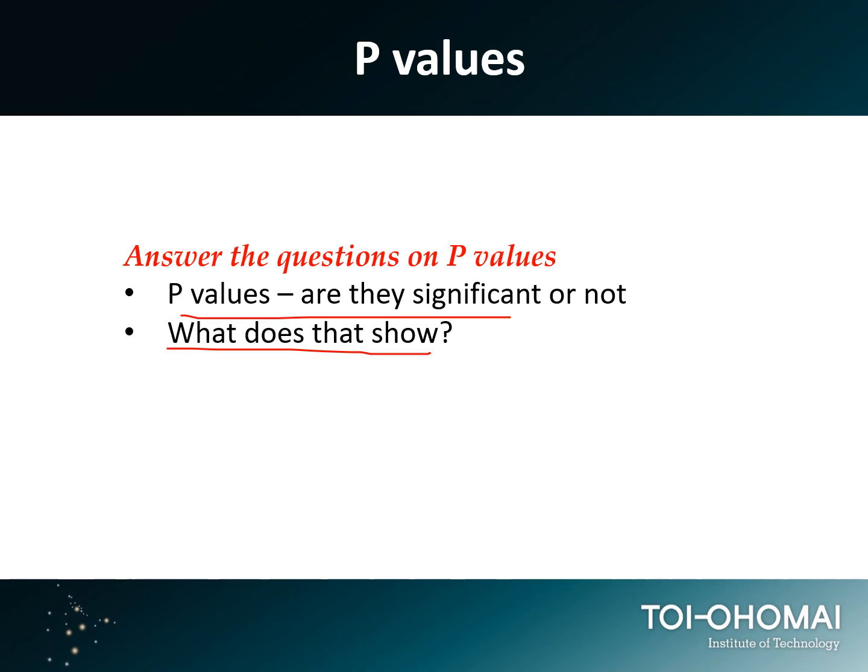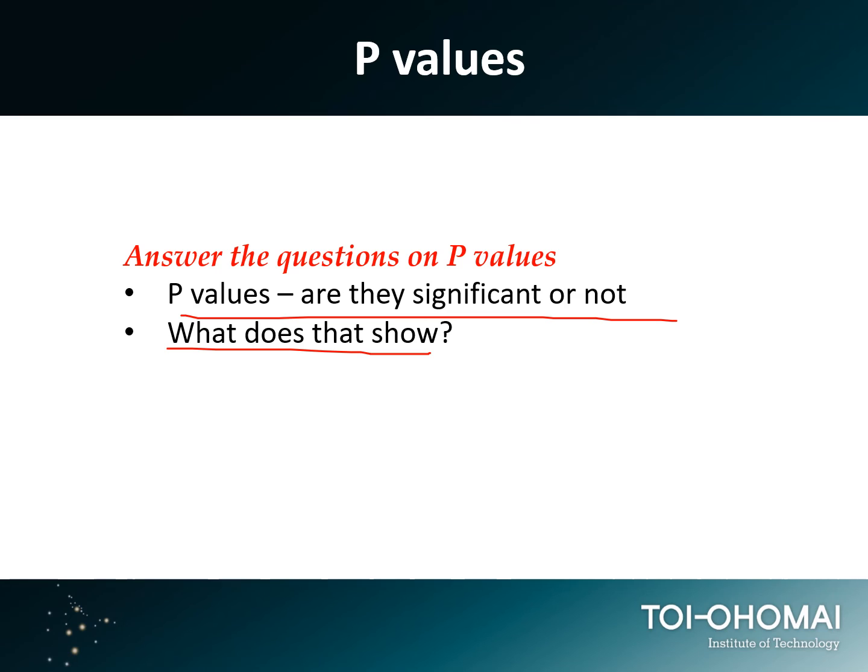Okay. So remember, when you're writing something down, with this example of women's lung capacity, you don't say P is greater than alpha, so we will fail to reject the null hypothesis.